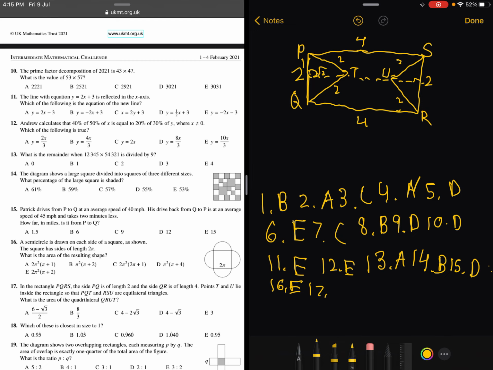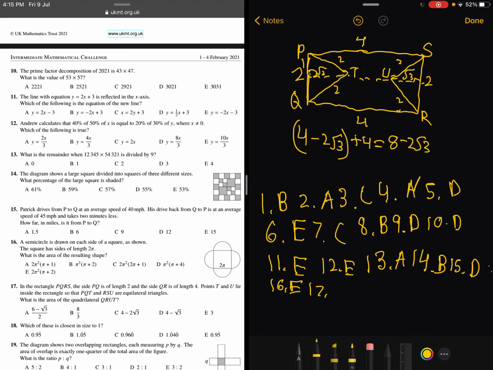So in total, this length would be 4 minus 2 root 3. And given that we know UT is 4 minus 2 root 3, we can solve that the sum of this base and the other base is 8 minus 2 root 3.